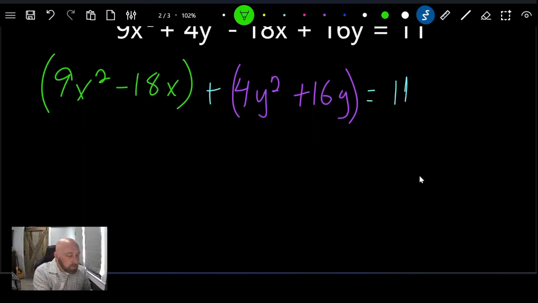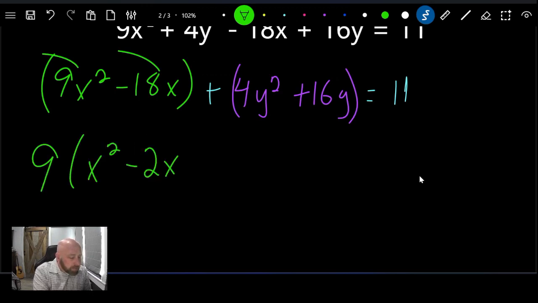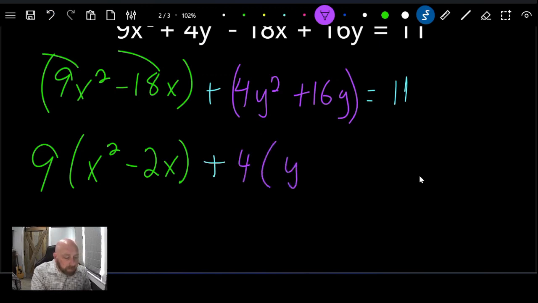So what I would do first is I would take out my 9. So I get 9 and then x squared minus 2x. And then I would do the same thing here with my y term, and I would take out my 4. And I would get my y squared plus 4y. And then equals 11 still.